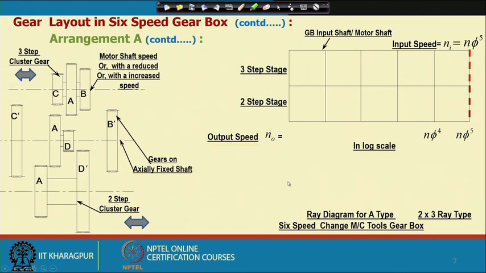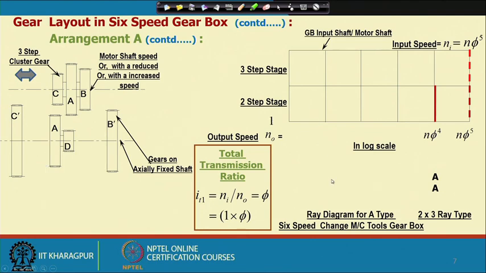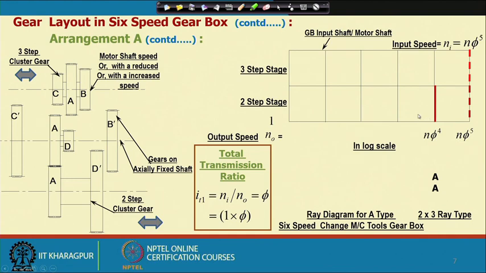Next, we will look for another speed, n, phi to the power 4. In that case, what we find is that the transmission ratio comparing input to output is phi. Okay. So, here we have 1 in this stage, so 1 we are connecting radially, and another we have is phi to the power cube.